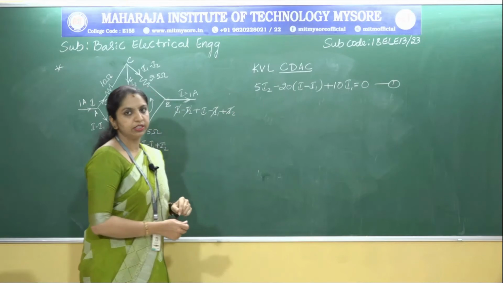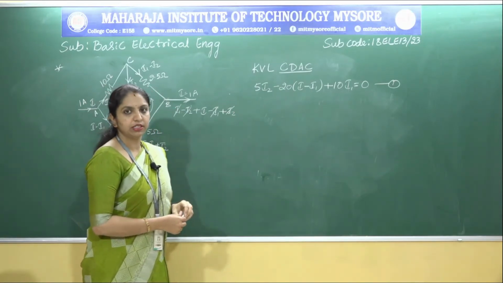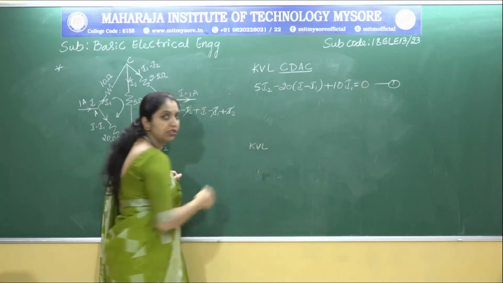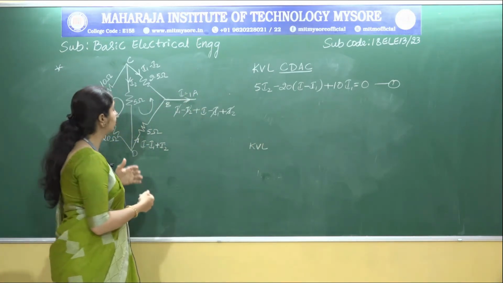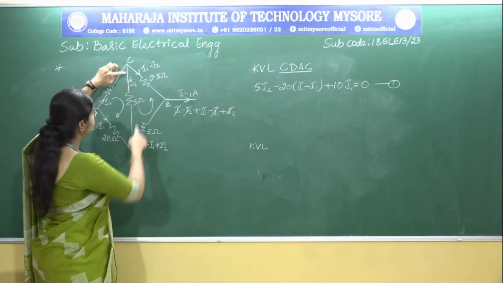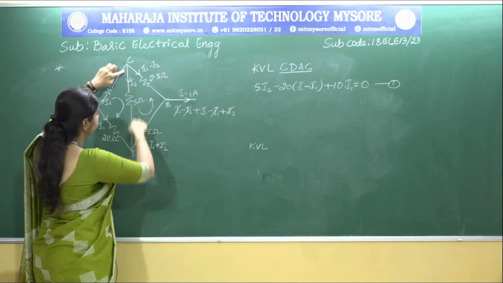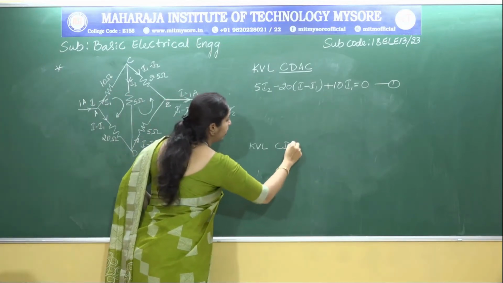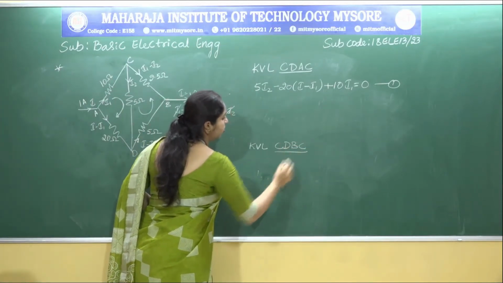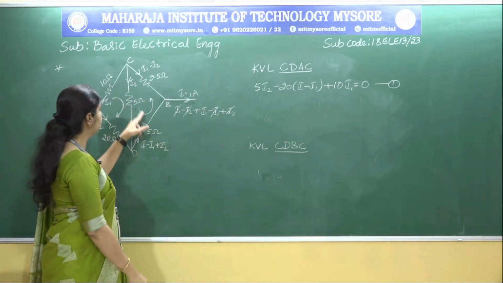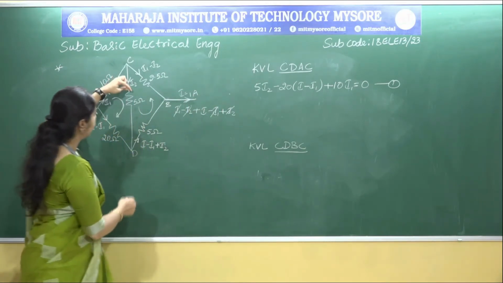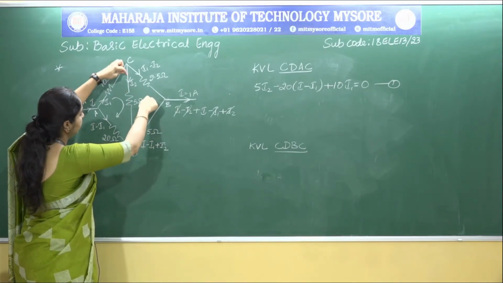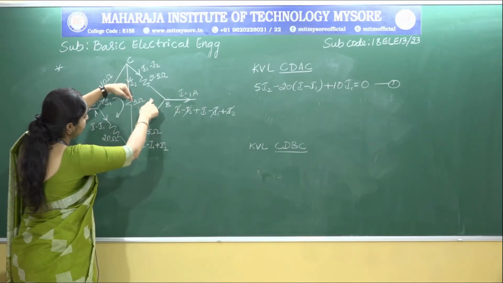Now we need to simplify this expression. Next, we apply KVL to the second loop, that is C, D, B, C. Look at the direction of the current: it is in the anti-clockwise direction, and this I2 current is also in the same direction.